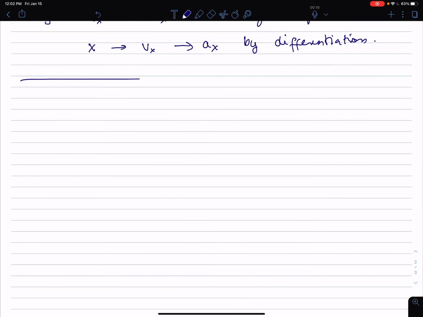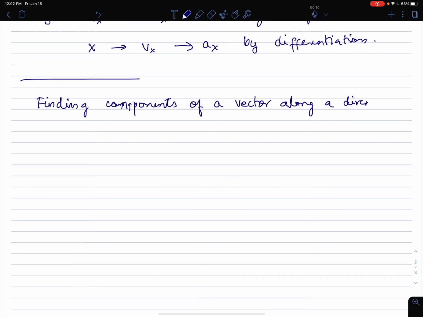So the next little piece is finding components of vectors: finding components of a vector along a direction given by unit vector n.